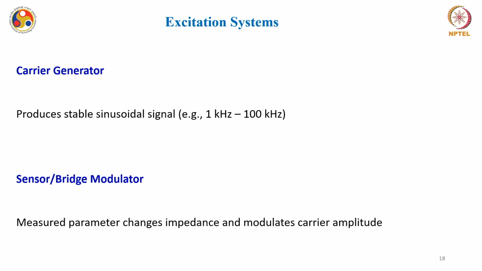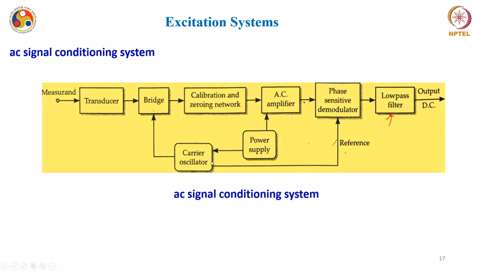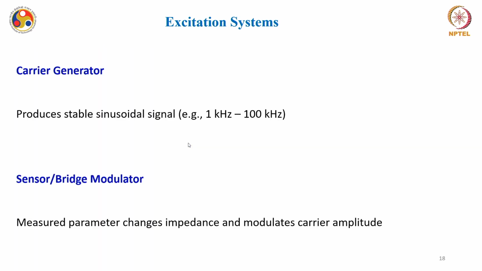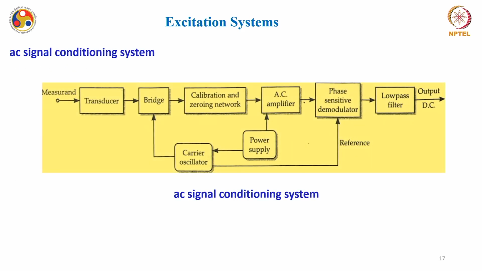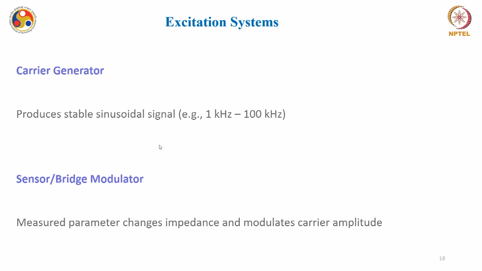You have a carrier oscillator, sometimes also called a carrier generator. It produces a stable sinusoidal signal, typically in the range of 1 kilohertz to 100 kilohertz. Then you have a bridge, sometimes called a bridge modulator. The measured parameter changes impedance and modulates the carrier amplitude.